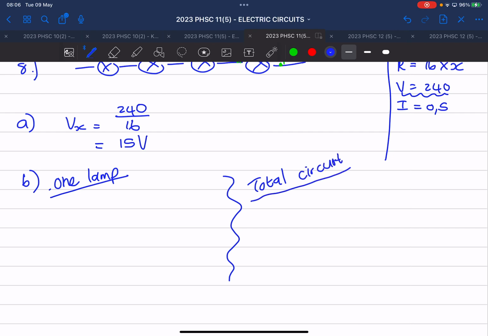Can I see who looked at one lamp? For one lamp, what is the current that passes through there? 0.5. And what is the volts for one lamp? 15. We just got that.